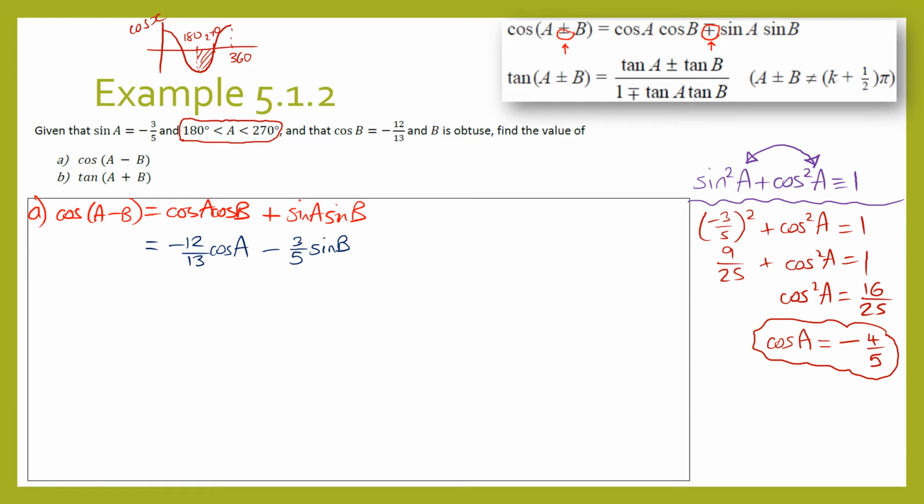Let's do a similar thing and work out sine B. So going back to the formula, sine squared of an angle plus cos squared of the same angle always equals 1. So sine B I don't know, but cos B is minus 12 over 13.